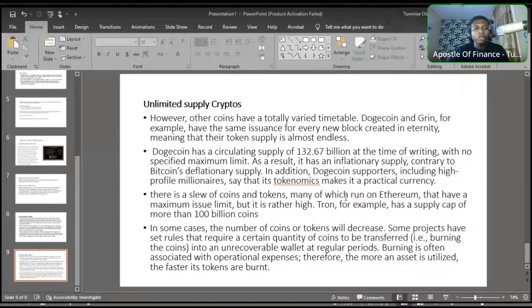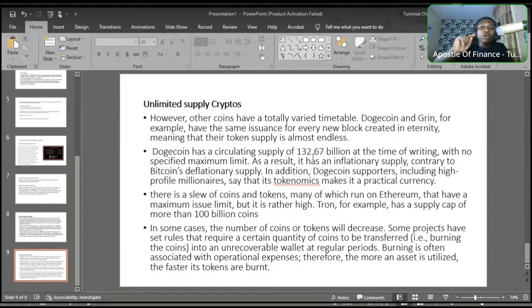Now, let me explain this. For these tokens, they have an endless circulation, total supply, right? It's unlimited. Now, look at Bitcoin.